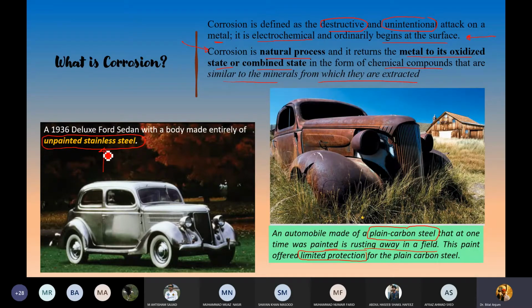Stainless means a product that is corrosionless, that protects its surface from getting stained. So it's corrosion resistant steel, prepared so that you don't have to apply a protective covering in the form of paint to protect the body from the corrosion process. But you don't get such bodies commonly because stainless steels are much more expensive as compared to plain carbon steel.